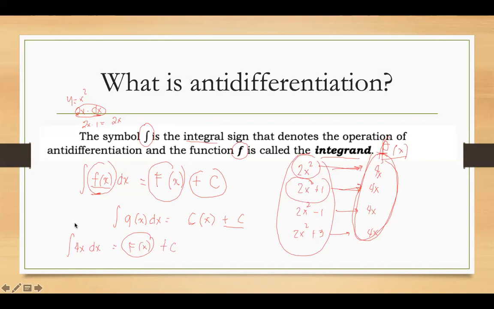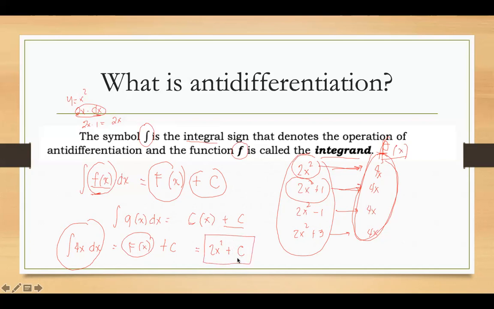So if ever you will be solving the integral of 4x dx, we were able to see that the original function is 2x squared. Then instead of writing all those constants, we can just put a representation equal to c, because any constant added to that will always be equal to 0 when we get its derivative. So the answer for this is just 2x squared plus c.